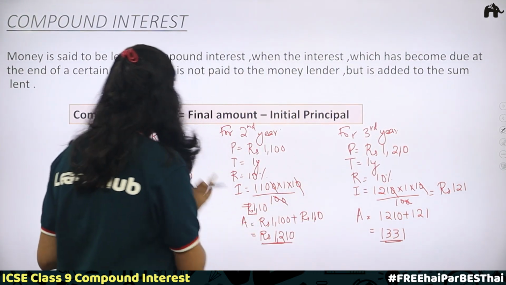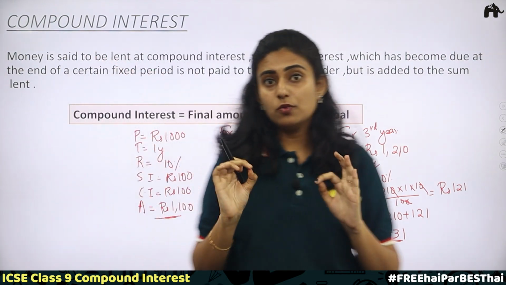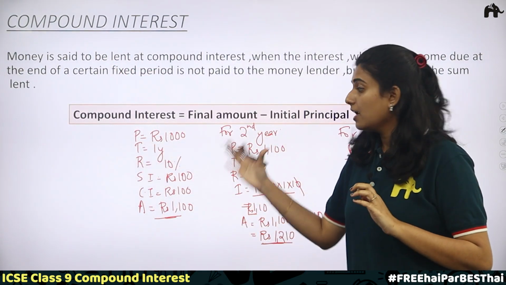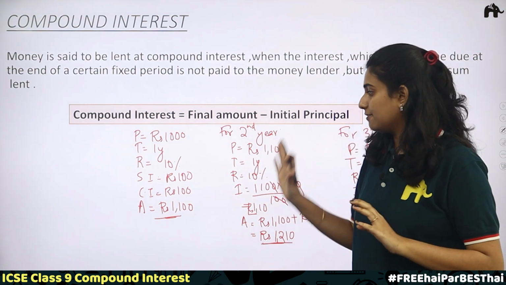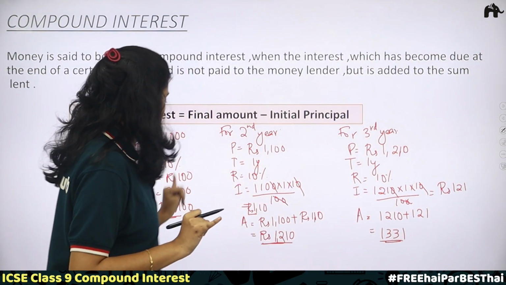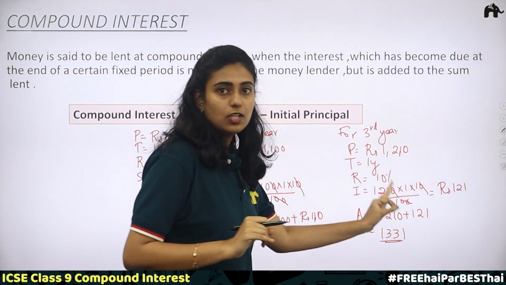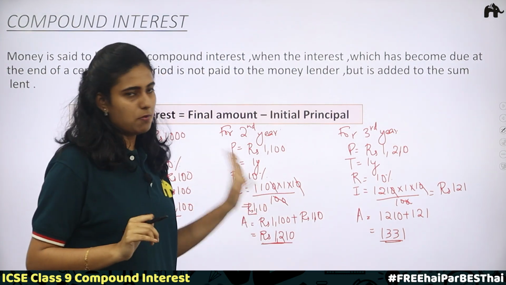Here again you can see that the compound interest is different in different cases. This is how you will be finding the compound interest. Now the total compound interest you can find by adding these: the interest for the first year plus the interest for the second year plus the interest for the third year.